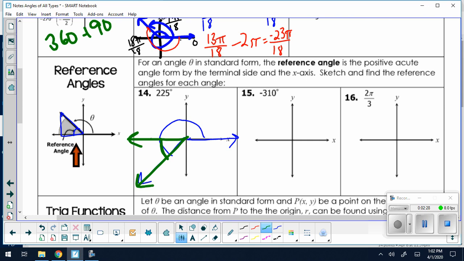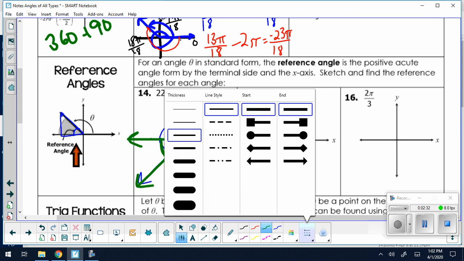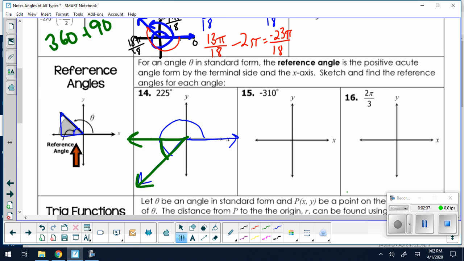Now we have to figure out what that angle is, and here's how we're going to do that. When you're looking at this, all the way from the positive x-axis to the angle is your 225. We're going to take out that initial 180. So I'm just going to do 225 minus 180, so 45.